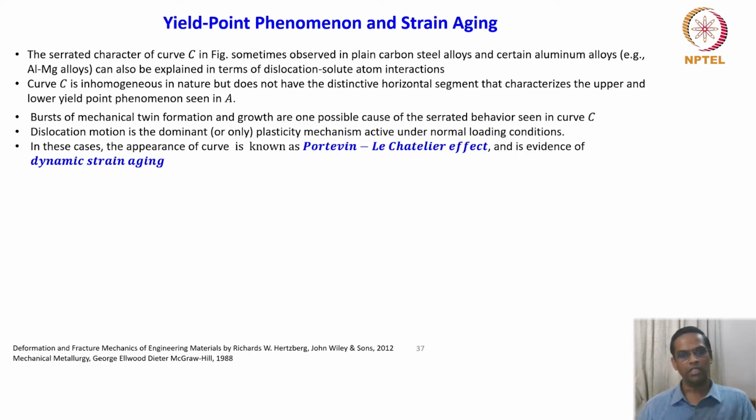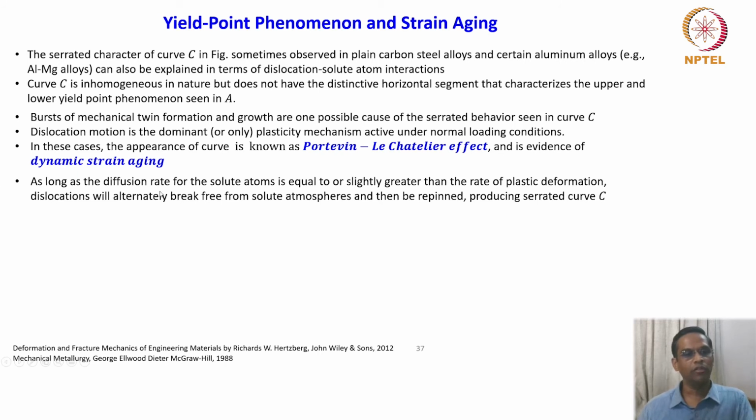So we are discussing two things here. Either it could be a solute dislocation interaction: pinning, unpinning, and then it comes out of the atmosphere, relaxes and then repins. Or it could be bursts of twin formation, that is nucleation and growth. This also will cause the serrated behavior.